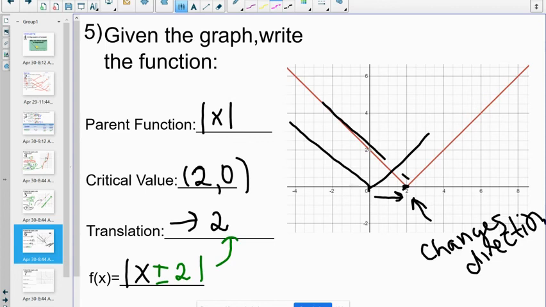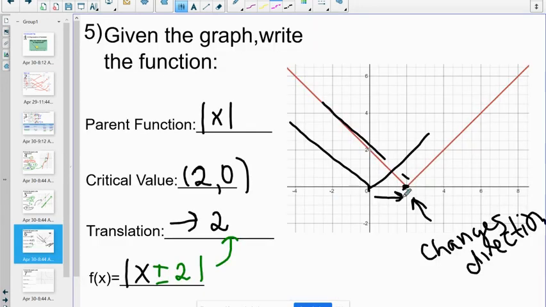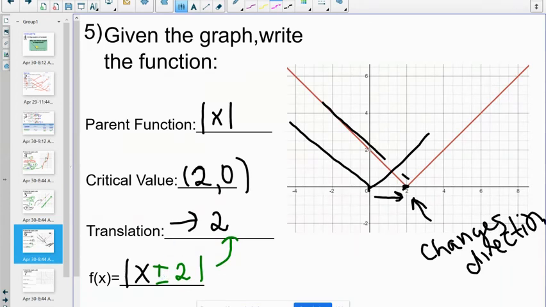But is it plus or minus? Since we're going right 2 units, think right, so it's subtracting. So we're picking the subtraction sign. So the absolute value of x minus 2 would be that new equation.